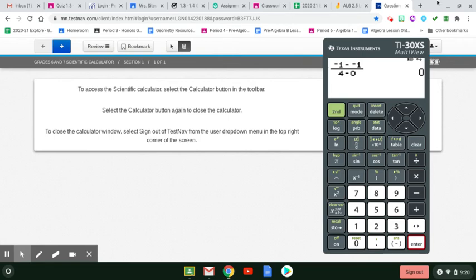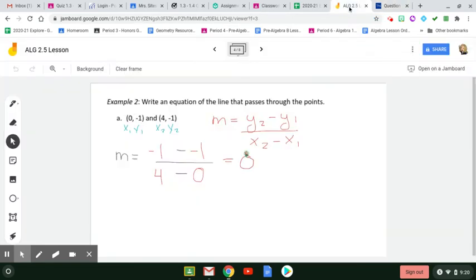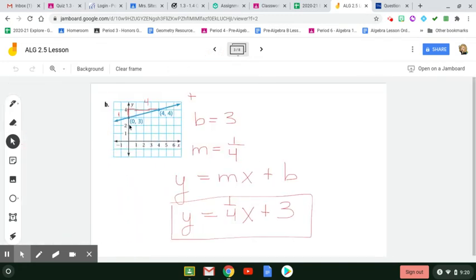All right, now let's take a look and see how I can get the y-intercept. Okay, so let's think back. If I have a y-intercept, something that I'm looking for is whenever I have a graph that hits the y-axis. When I look back at the previous problem that we just did, look at what the ordered pair is. Whenever you have a y-intercept, the x value is always 0.